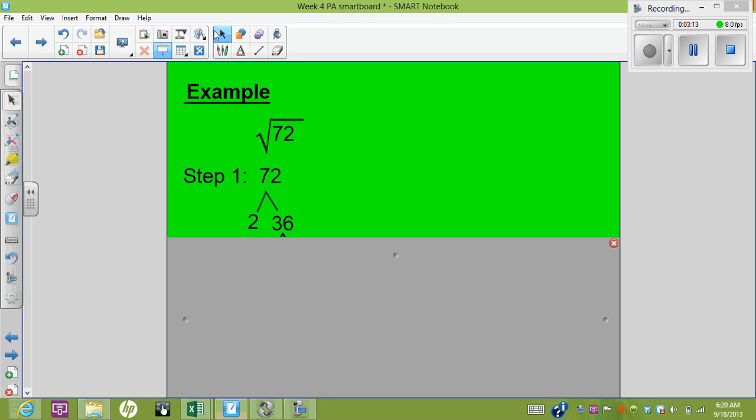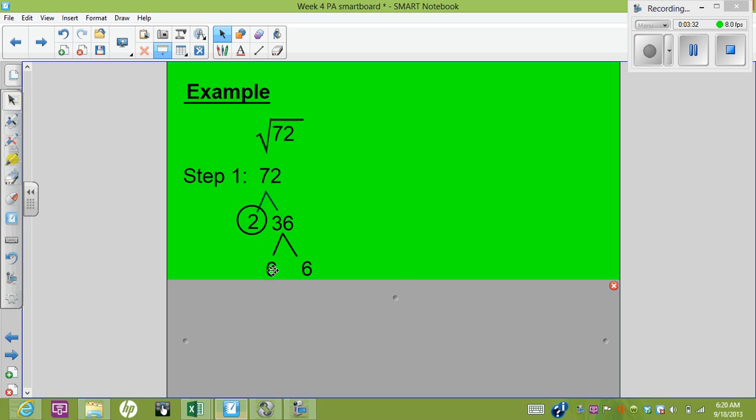What I'm looking for when I'm making this prime factorization factor tree is I want to end up with prime numbers. I have 2 right here, and 2 is a prime number. But 36 isn't a prime number, so I need to break that down, and I know that 36 is 6 times 6.